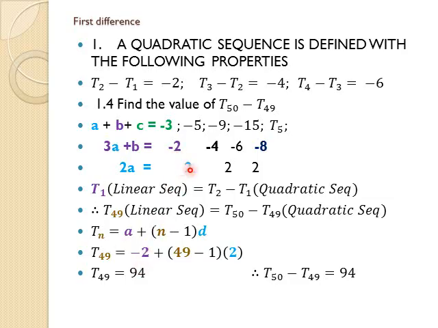The d value is the second difference, the common difference for the linear sequence, which is 2. I'm looking for term 49, so n is 49. 49 minus 1 gives me 48. 48 times 2 gives me 96, and 96 minus 2 gives me 94. So term 49 of the linear sequence equals 94. Therefore, term 50 minus term 49 equals 94.